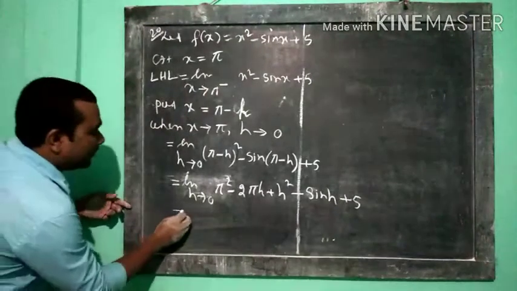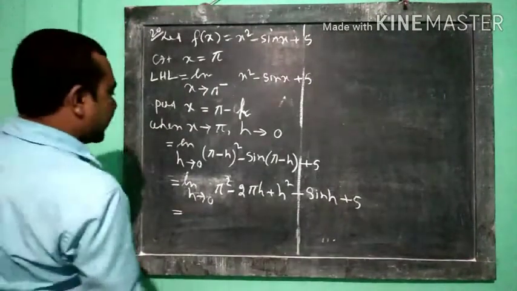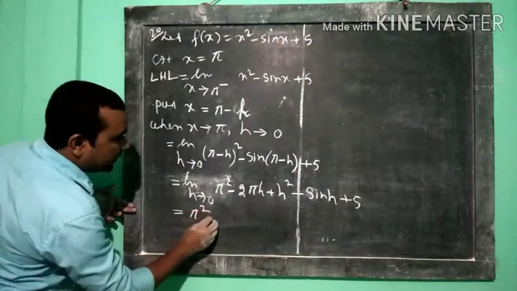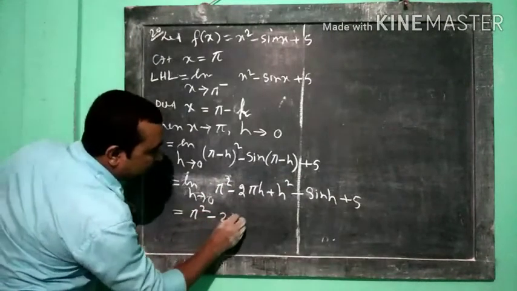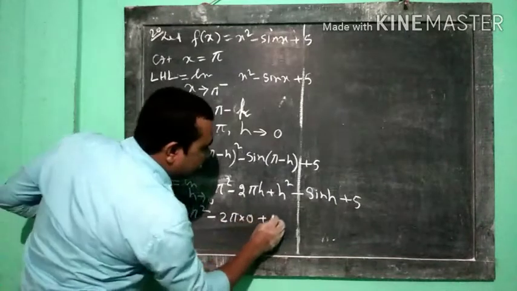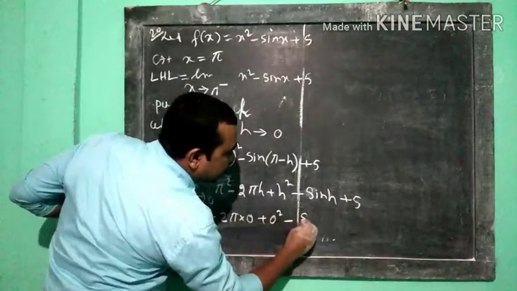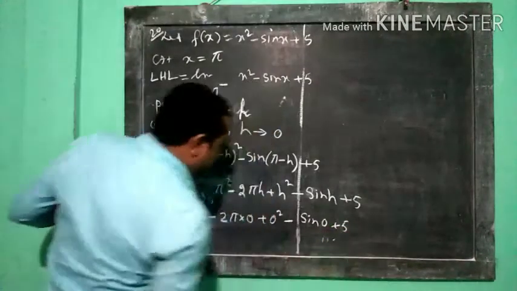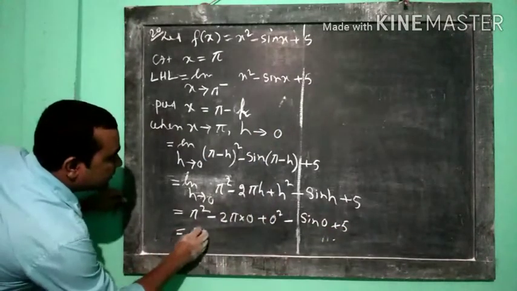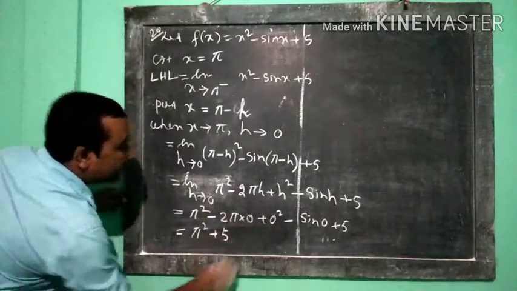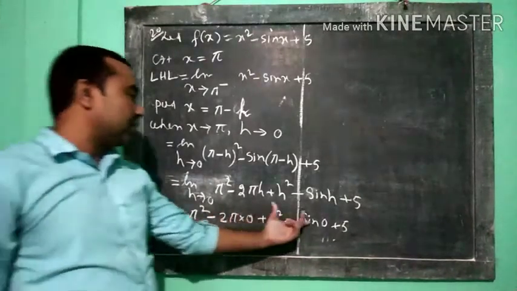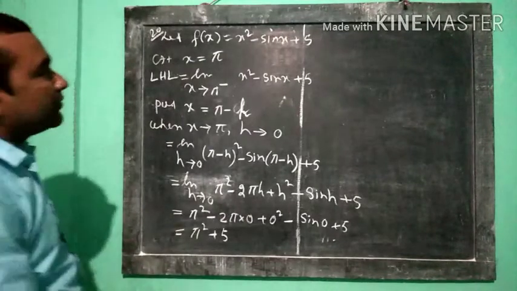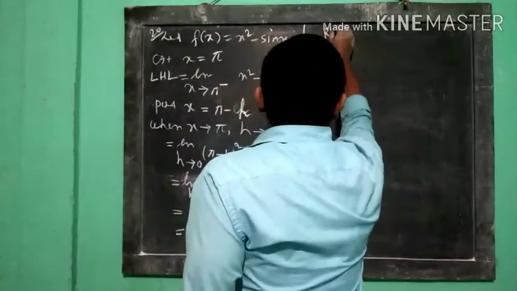If we put the value of h, this is pi square minus 2 pi into 0 plus 0 square minus sin 0 plus 5. The remaining terms are 0, so the left hand limit is pi square plus 5.